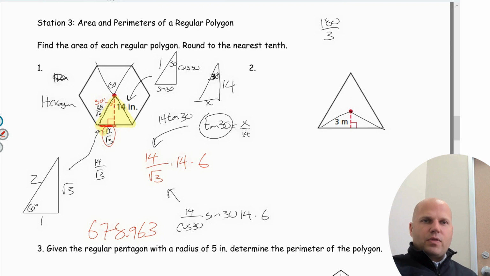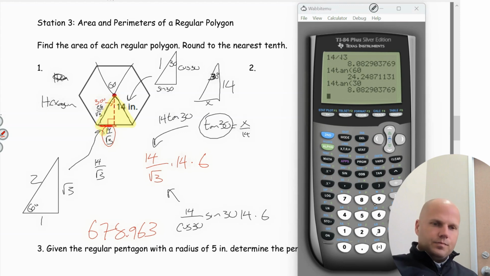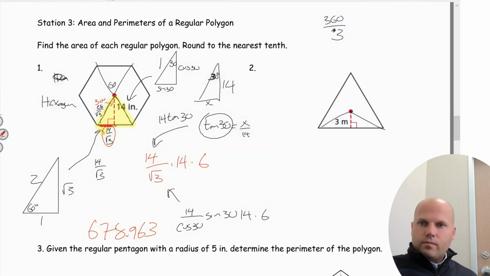If I do 180 divided by 3, that's 60. If I do 360 divided by 3, that's 120.